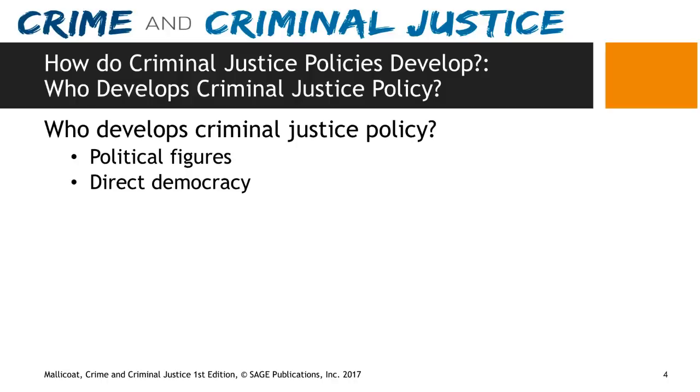If you think back to the 2016 election, right, there were a number of different initiatives on the California state ballot that were looking at criminal justice policies. We actually had two different initiatives related to the death penalty, one of which passed and one of which did not, right? And so those are examples of direct democracy. Another example is how you now have to go to the grocery store and pay 10 cents for a plastic bag. That is an example of direct democracy at work.